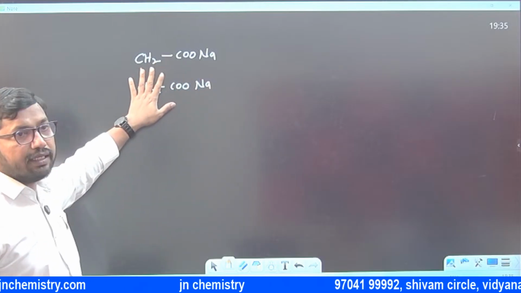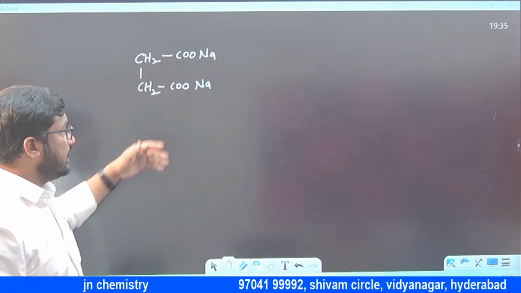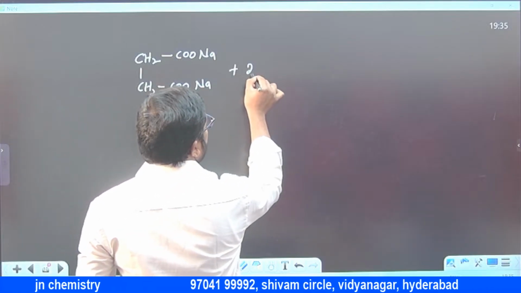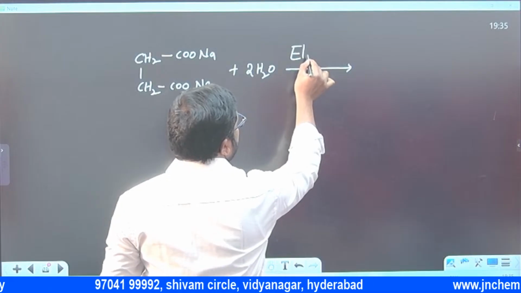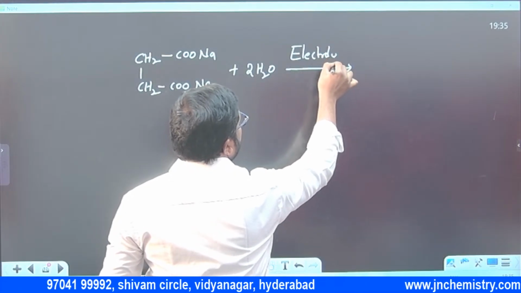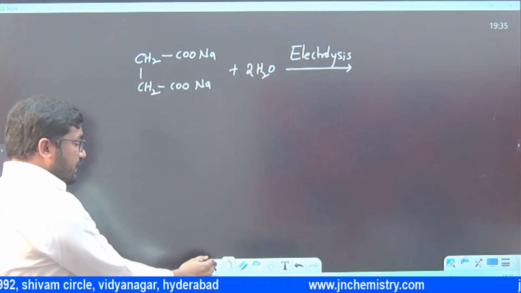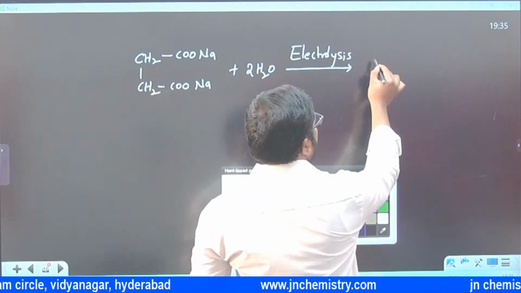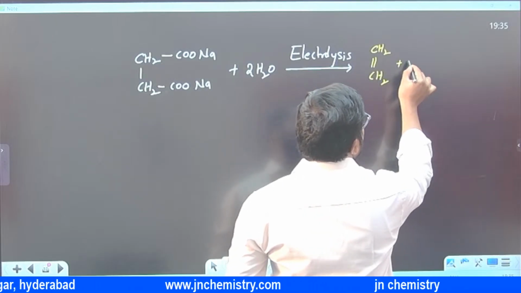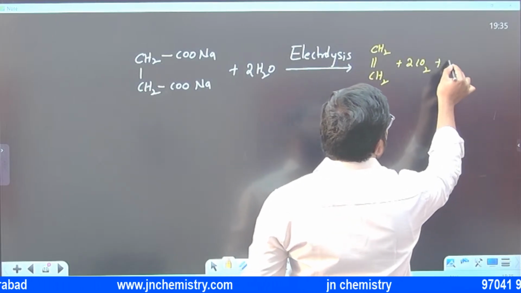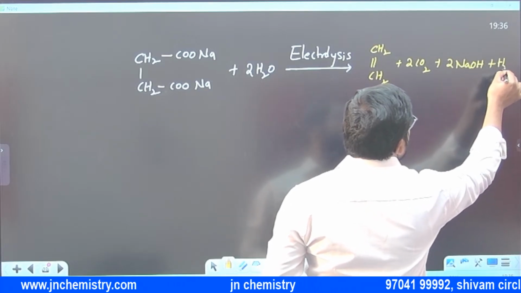But in this particular case, we will take sodium succinate and 2 moles of water, electrolysis. What is the product we will get here? Alkene, CH2 double bond CH2 plus 2 moles of CO2 plus 2 moles of NaOH plus hydrogen.